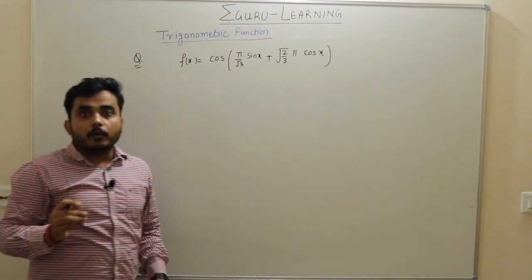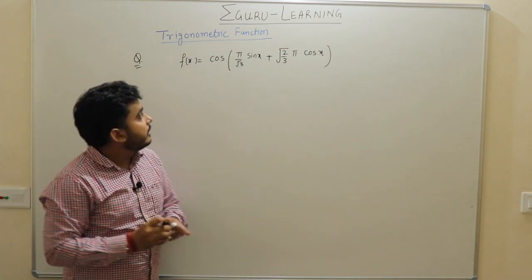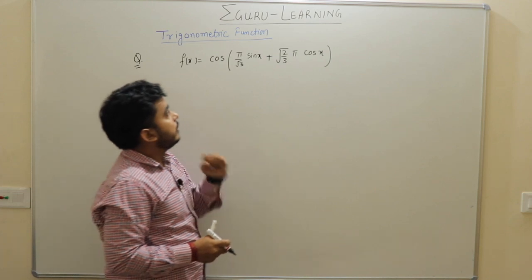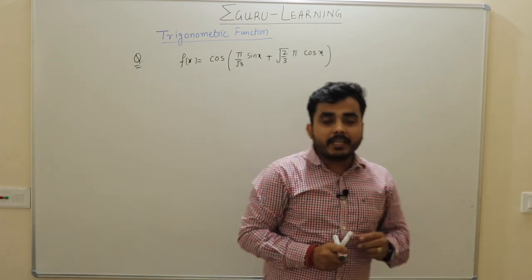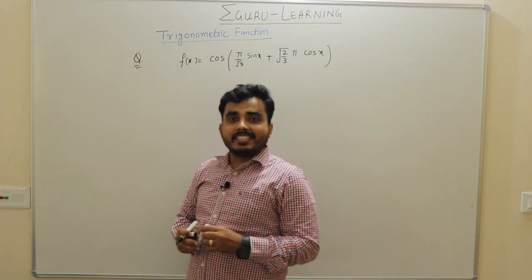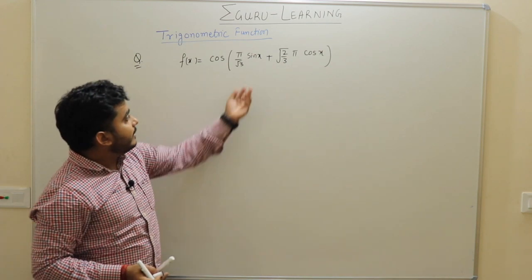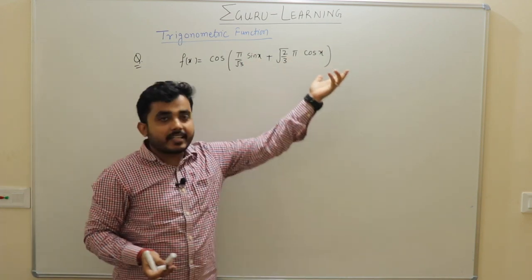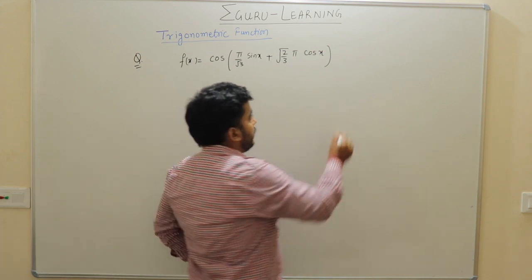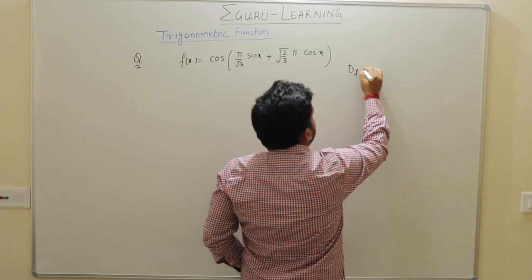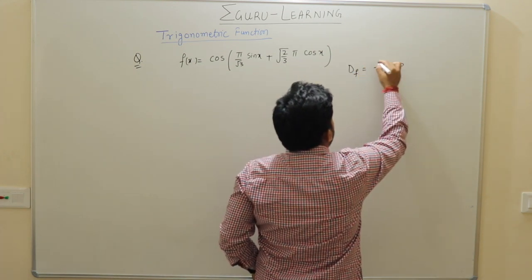I need to find out the domain and range of this function. To find the domain, clearly there is no restriction on putting x to any value. So the domain of the function would be minus infinity to plus infinity.